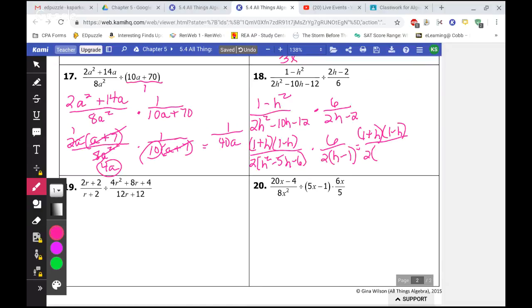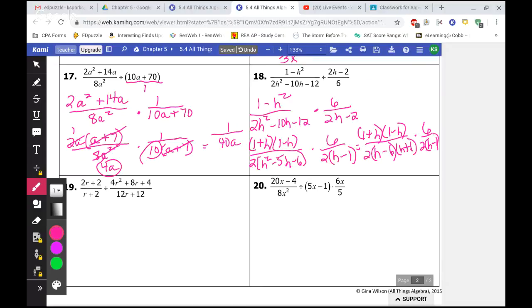That means one has to be positive and one has to be negative, and the larger has to be negative. So that's going to be h minus 6 and h plus 1 times 6 over 2h minus 1.